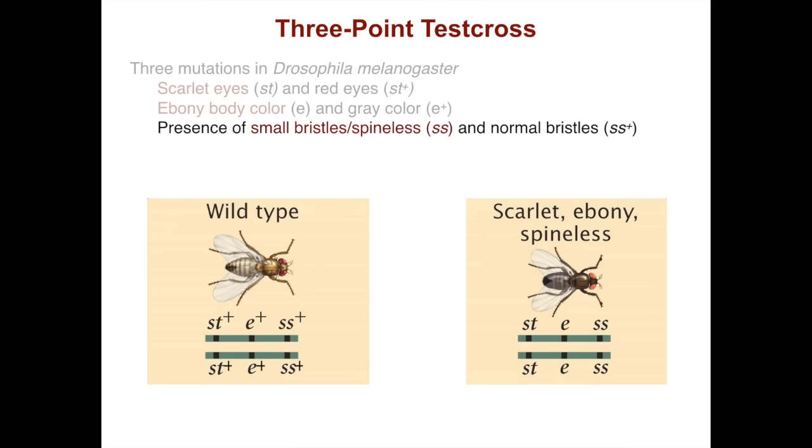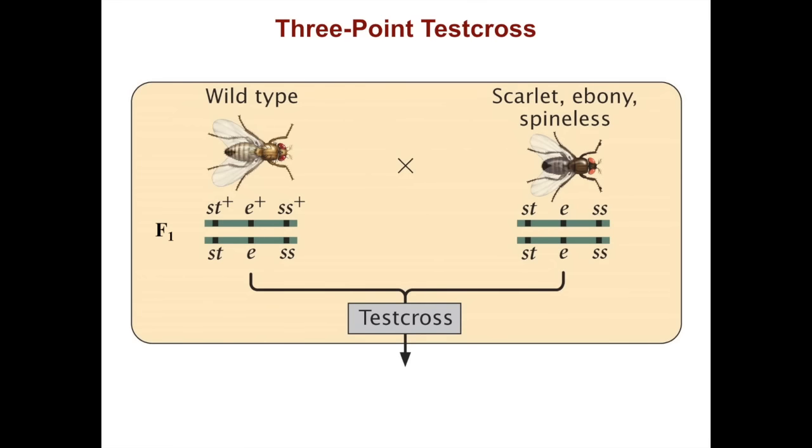And then you can also look at the bristles on the fly, and in spineless you have much smaller bristles than the normal bristles, which would be the wild type copy of the gene. So the mutations are all recessive traits, and we could put them together in an arbitrary order, but to figure things out, we would have to do a testcross. And I'm going to show you a small video about how this is done.